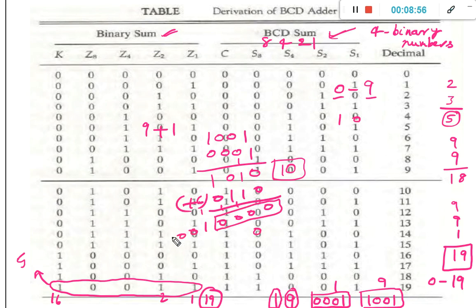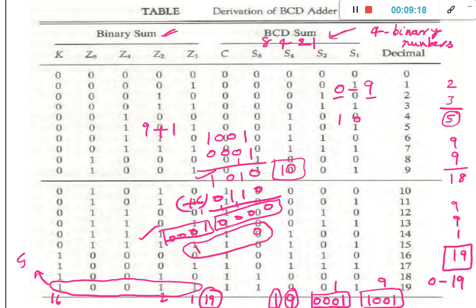Add 3 zeros before 1. Then it will become 1. So now it will be 1 0. It is the correct representation for the BCD representation. Okay. So this is the representation for binary sum. This is the representation for BCD sum.